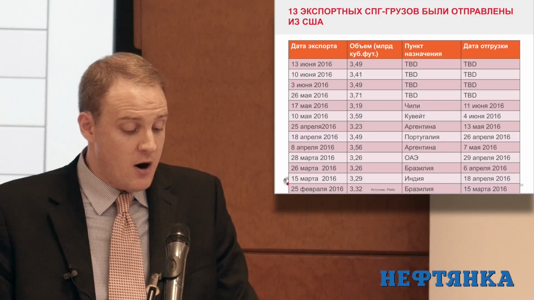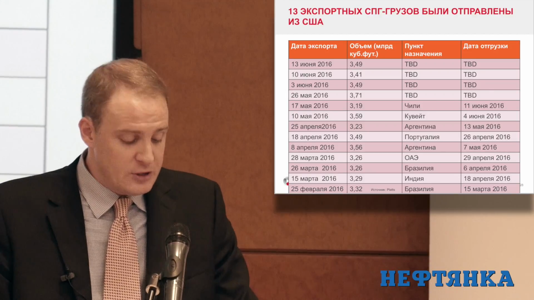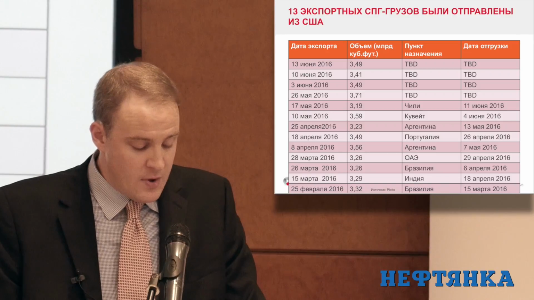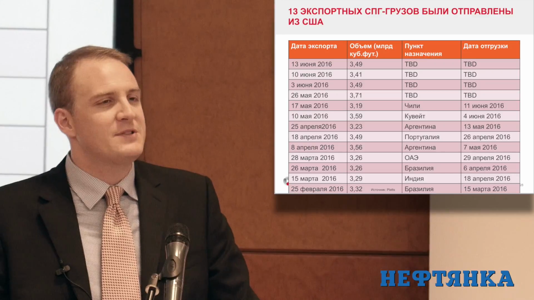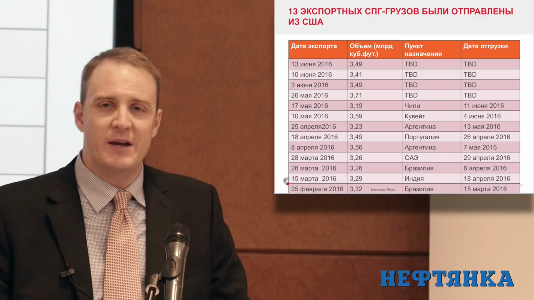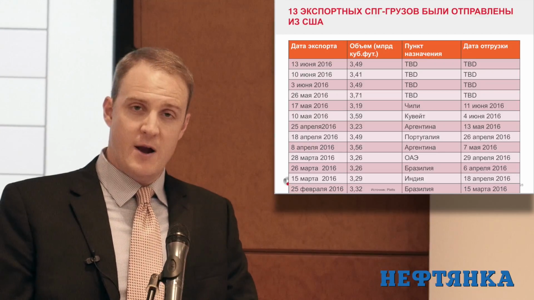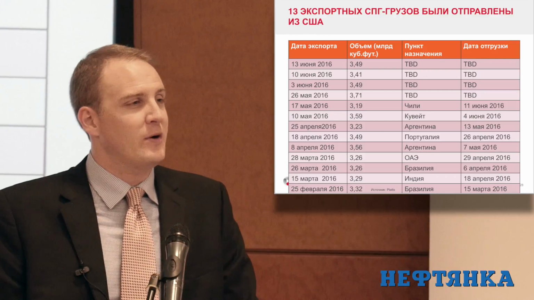So these cargoes have gone to various points throughout the globe, and it's important to see, we see a few shipments actually staying in not just the Atlantic Basin, but in the Americas. And this is something we may see going forward.